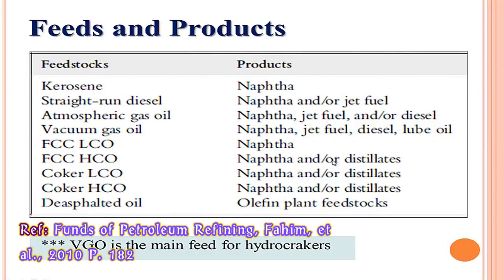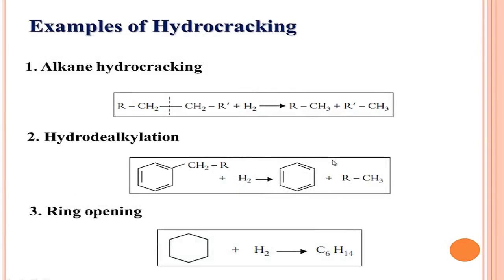Reactions involved in hydrocracking are straight chain cracking, which gives smaller molecular hydrocarbon products, and also dealkylation and ring opening.